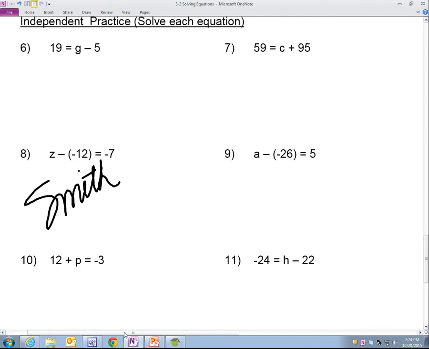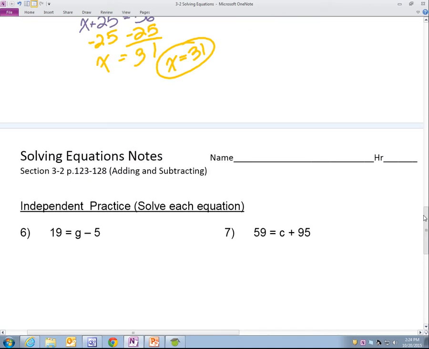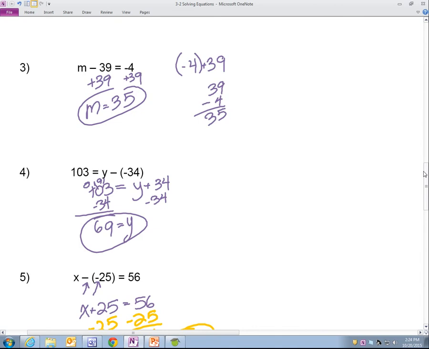If you're unfamiliar with the layout or what it should have been, or if you weren't copying it down correctly, it should be looking like that with the numbers directly below them. You'll have a little bit of room on the homework tonight.